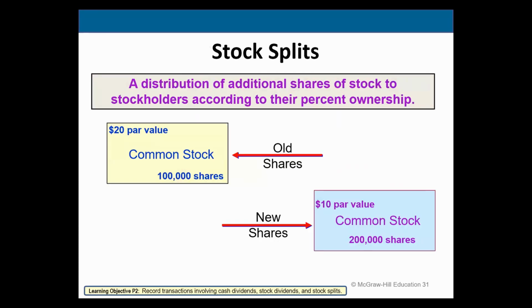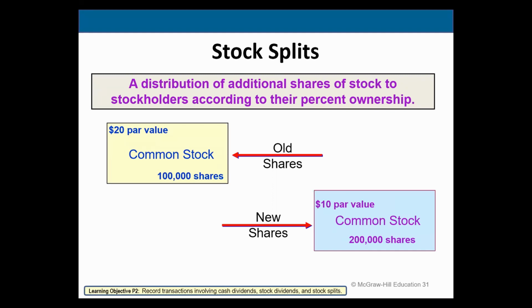Now, stock splits. This is something that happens sometimes. A stock split is a distribution of additional shares of stock to stockholders according to their percentage ownership. When a stock split occurs, the corporation calls in its outstanding shares and issues more than one new share in exchange for each old share.